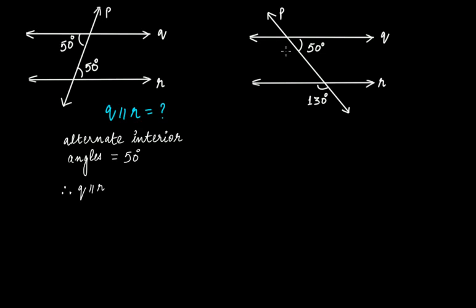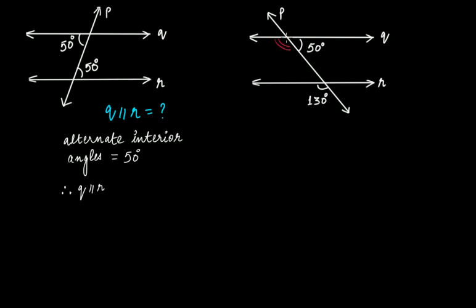Okay. If you look at these two lines Q and R, and this transversal P, the information given to us is that this angle is 50 degrees and this angle is 130 degrees. Now tell whether these two lines Q and R are parallel or not. To tell this, just focus on this angle.